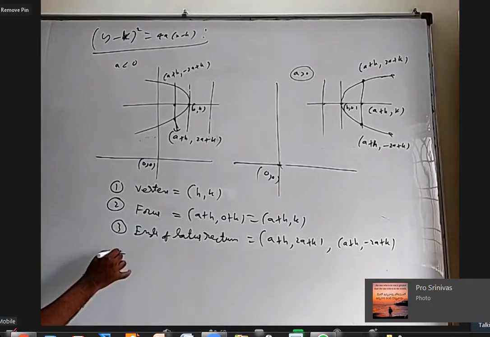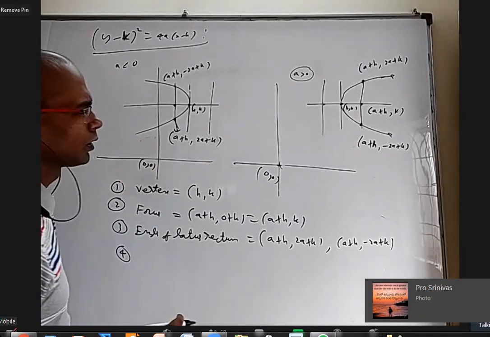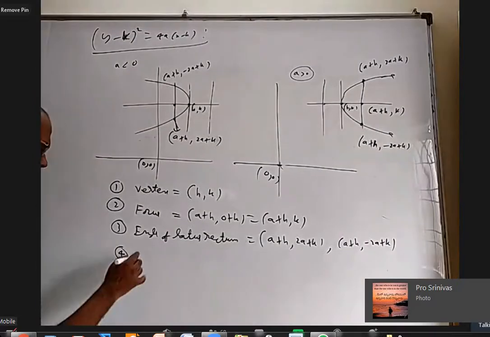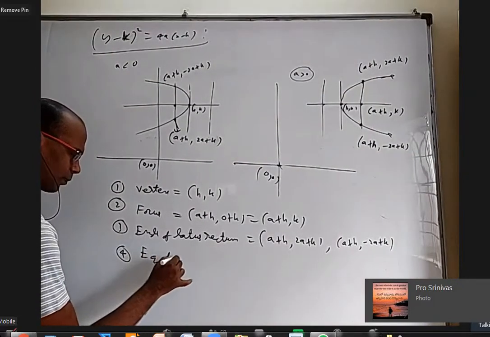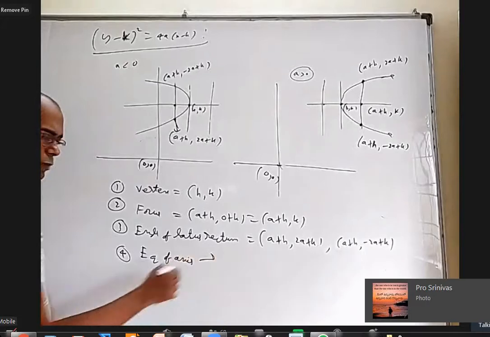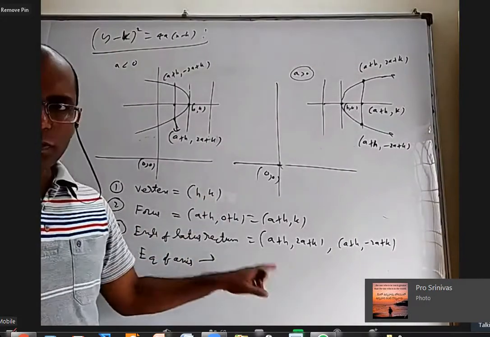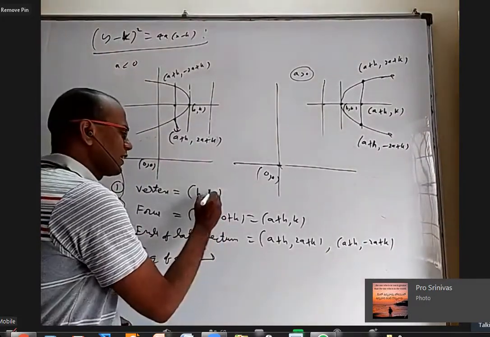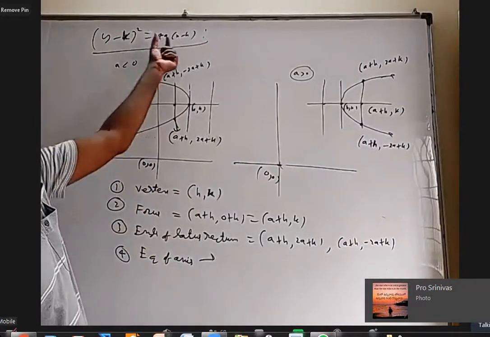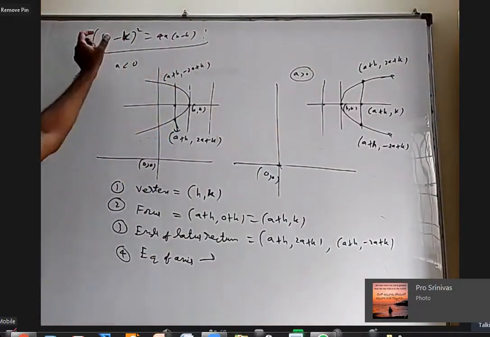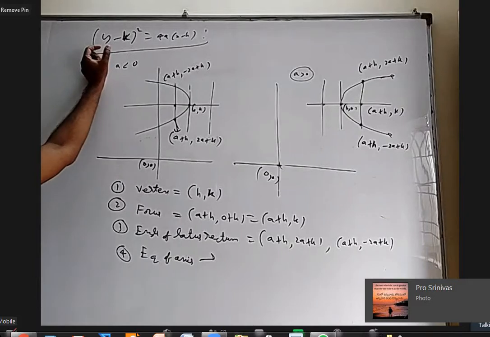Okay, so these are the different things: vertex, focus, and all. Now equations. Equation of axis. Please remember, if it is for points, we'll add h and add k. If it is for equations, very simple. Wherever x is there, you have to write x minus h, and wherever y is there, you have to write y minus k.